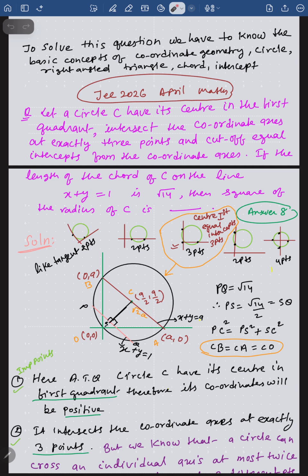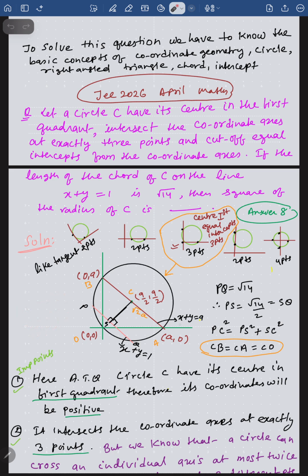Similarly, if you find the perpendicular distance of this point 0 to this line, it will be the radius again. Since this is the line making equal intercepts, its equation will be x by a plus y by a equal to 1, which in turn you can write as x plus y equal to a. So the distance from the origin 0, 0 to this line will be, by the formula, mod of 0 plus 0 minus a divided by the square root of the sum of squares of the coefficients of x and y.